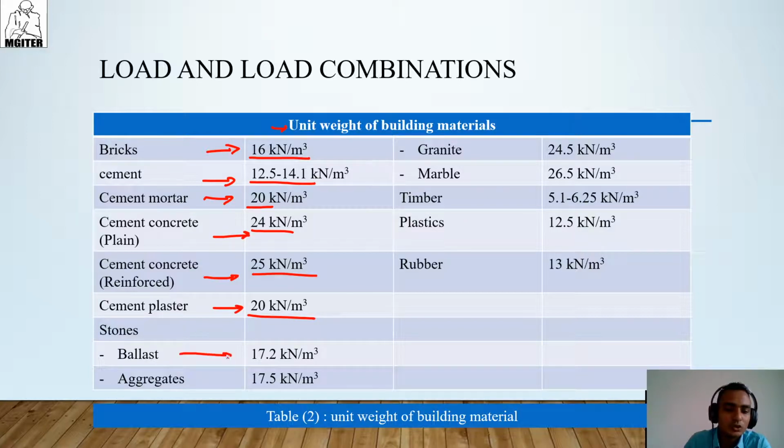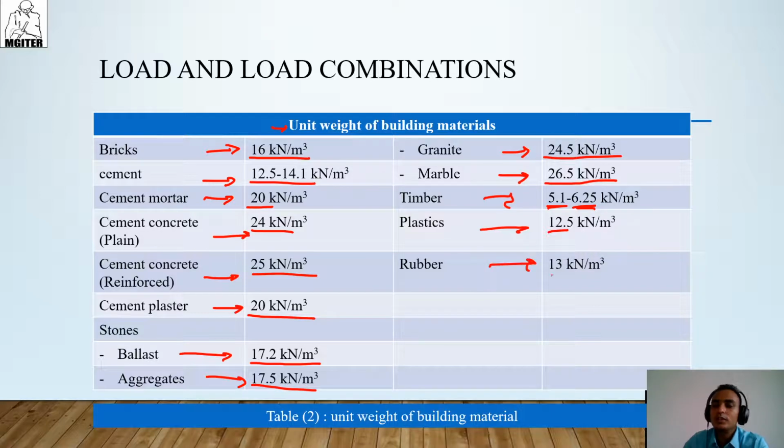Then after, stone ballast 70.2 kN per meter cube, aggregate 70.5 kN per meter cube, granite 24.5 kN per meter cube, marble 26.5 kN per meter cube, timber 5.1 to 6.25 kN per meter cube, plastic 12.5 kN per meter cube, and rubber 30 kN per meter cube.